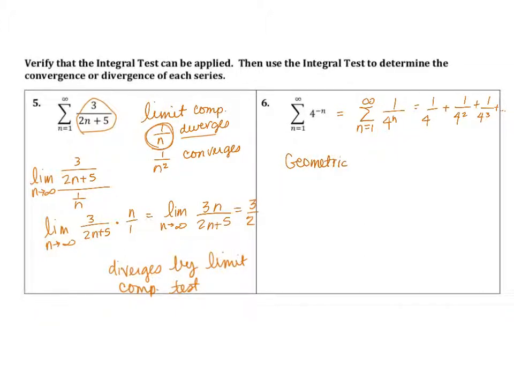With the geometric, our first term is 1/4, and our ratio is also 1/4. I'm multiplying by 1/4 each time. So our infinite sum is going to be 1/4 over 1 minus a fourth, so 1/4 over 3/4, and here we're going to get 1/3. So we know not only does this converge, but we also know what it converges to. So this one does converge.